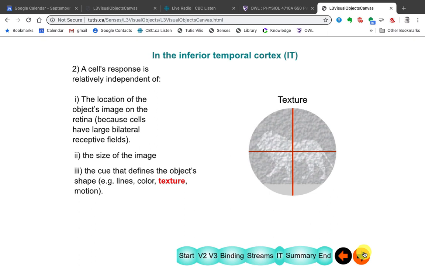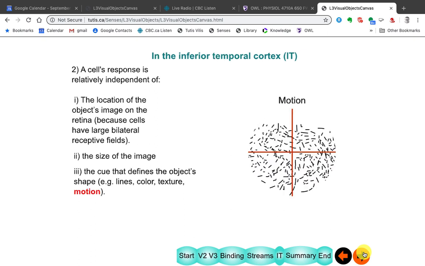There's a slight difference in texture, not color or form, but just texture. And finally, motion will define the lion. So you can see here these individual lines start defining a lion when the lines start moving.